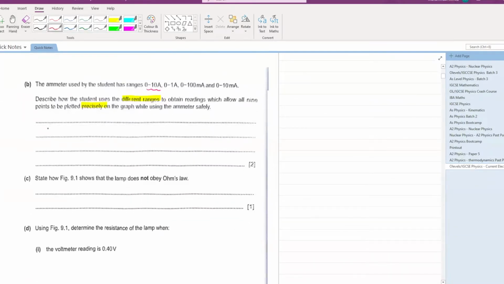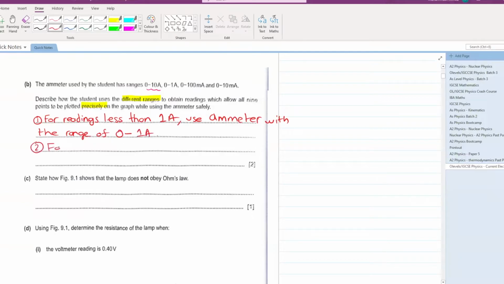So you can write it here: for readings less than 1 ampere, use ammeter with the range of 0 to 1 ampere.